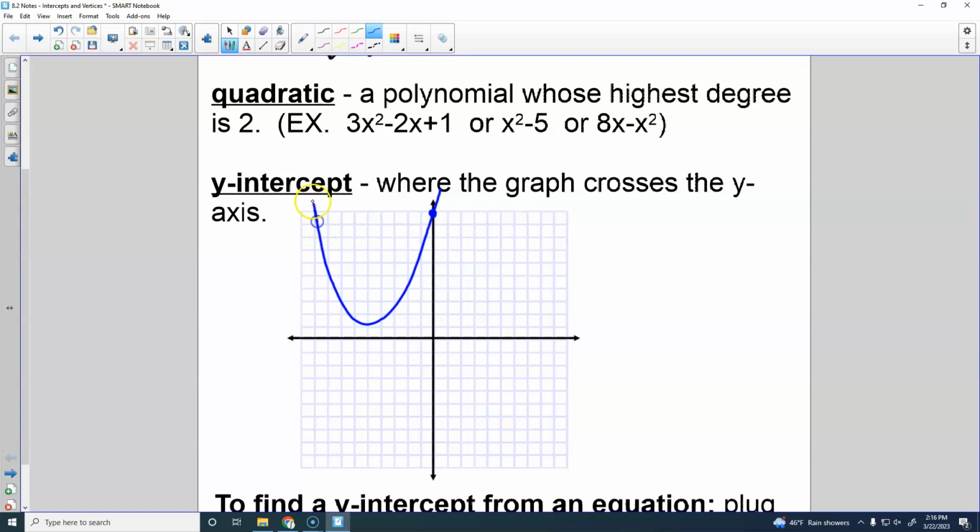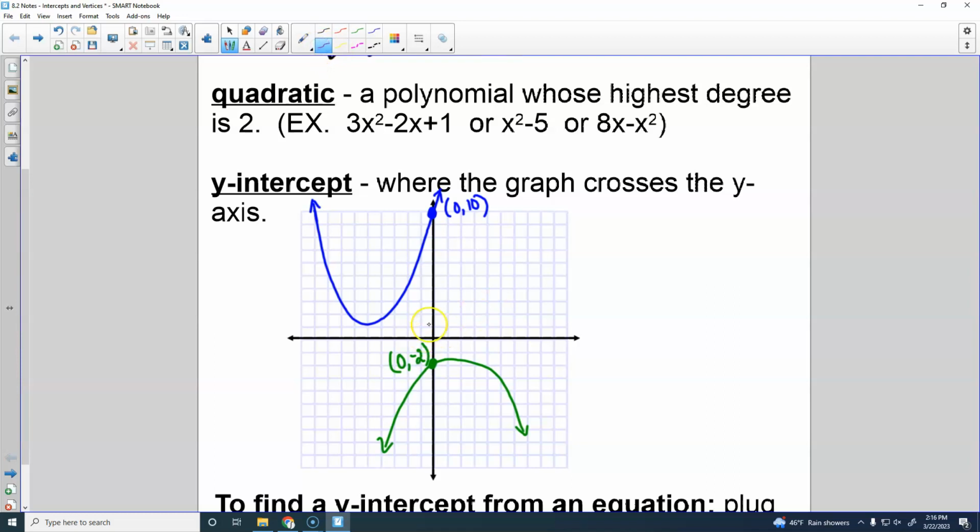And right here, this would be my y-intercept. What are the coordinates of that point? 0, 10. If I do another one, I might have something that looks like this. Here is my y-intercept. What are the coordinates of that point? 0, -2.